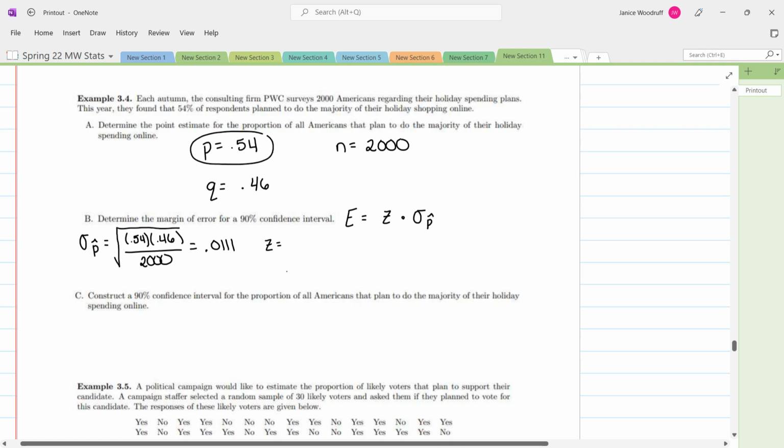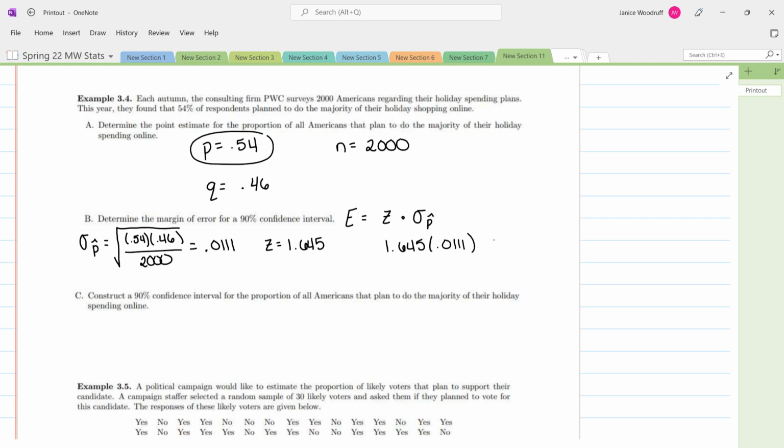That should be a common one. Getting close to getting that memorized. 1.645. So we're going to do 1.645 times 0.0111. And that'll be 18.2595.